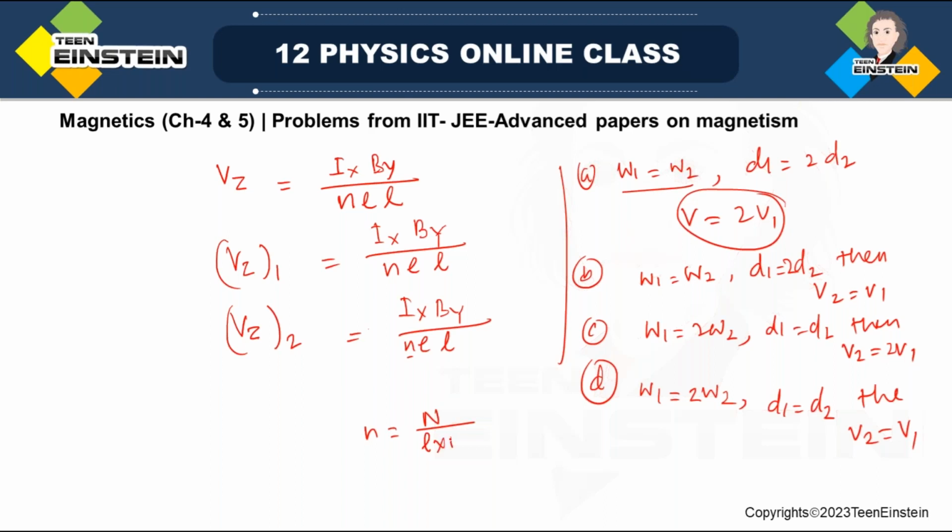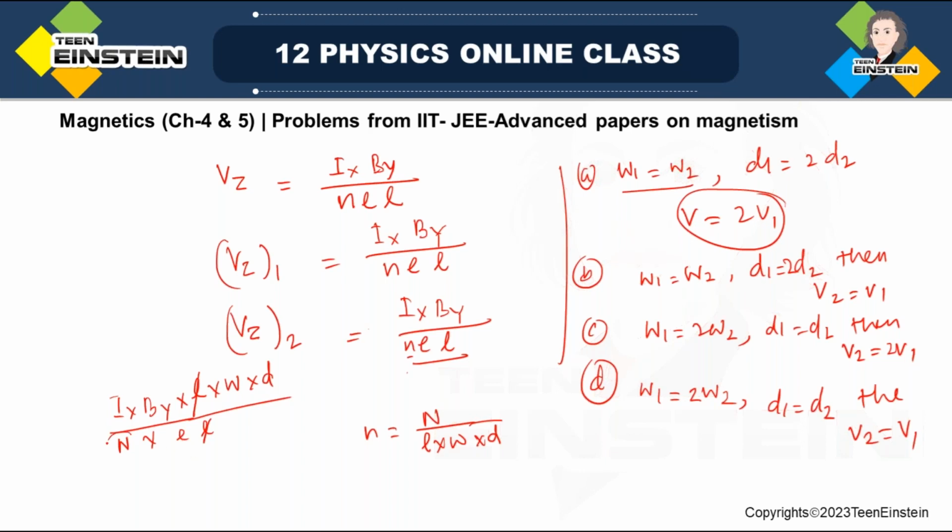Volume is L, W, and D. If we put this here in this equation, see one expression I'll write. So this is N, L goes, W into D here again, E into L, L goes off from both sides.